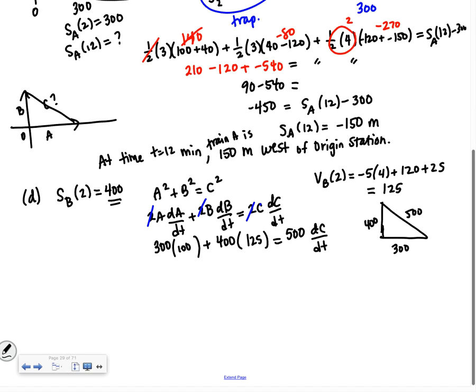And we find all of this. So we have 30,000, right? Add 2 zeros there. We have 125 times 4, and lots of math here. So 100, 400, 500.